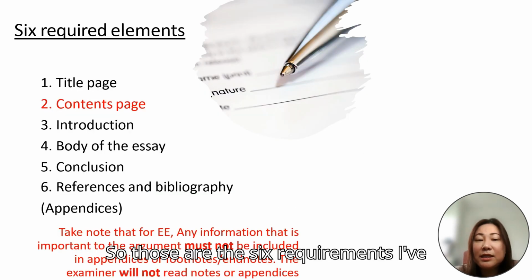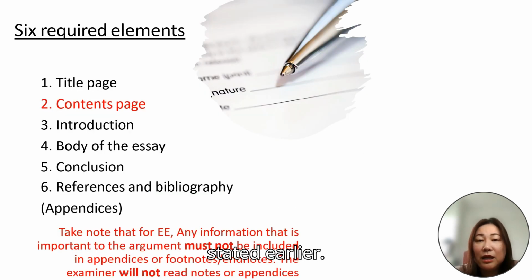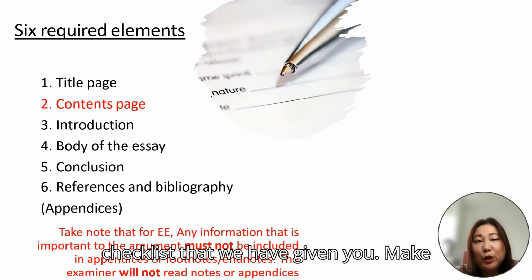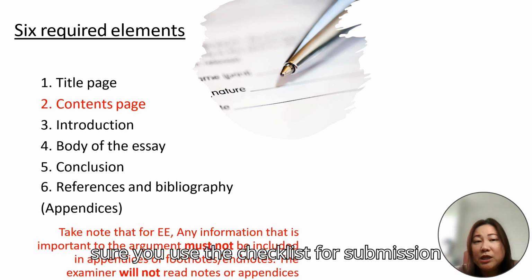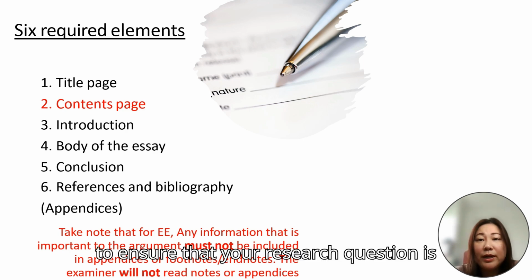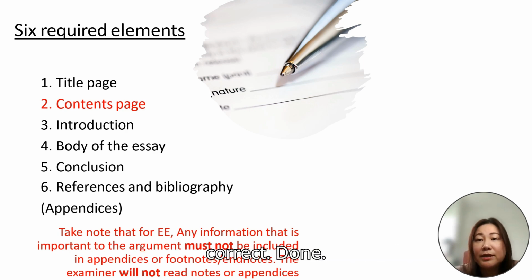So these are the 6 requirements I've stated earlier. There is also a student checklist that we have given you. Make sure you use the checklist for submission to ensure that your research question is correctly done.